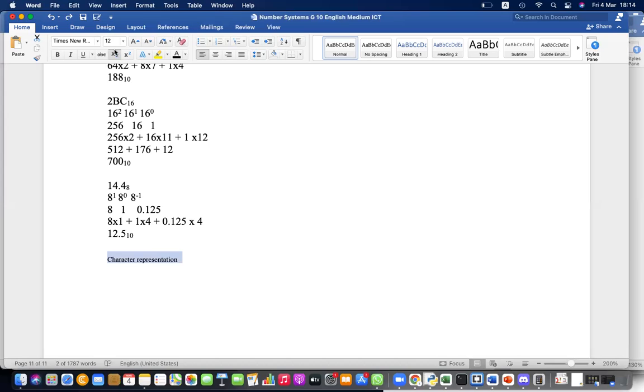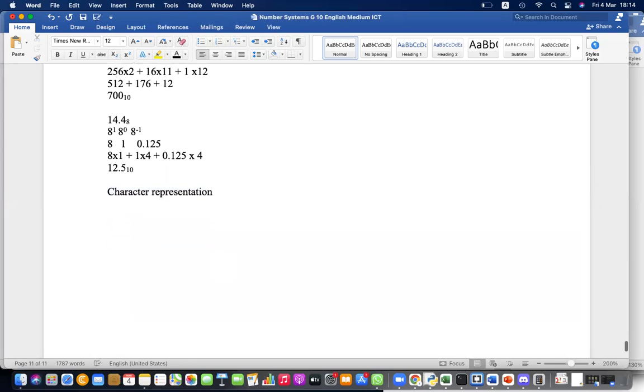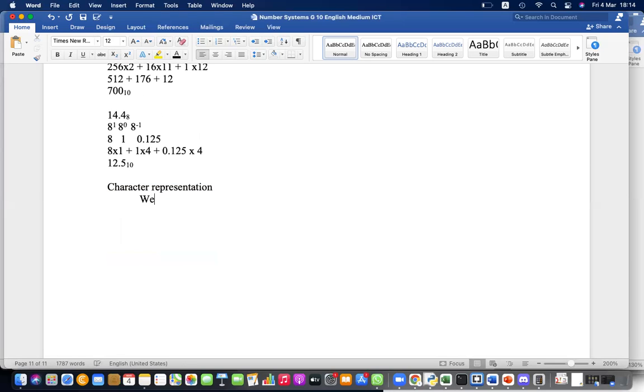Under that, please write down: we understood that all numbers are converted to binaries, as the machine language is in binary.